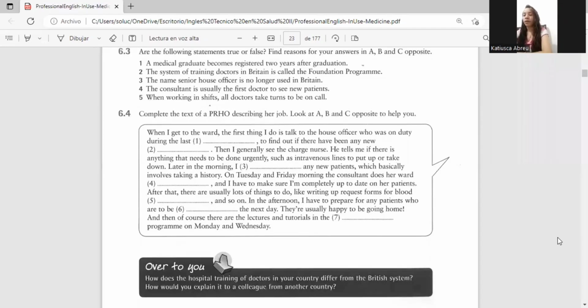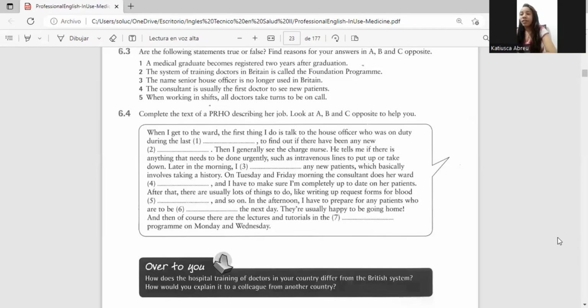Exercise 4. Complete the text of a PRHO describing her job. When I get to the ward, the first thing I do is talk to the house officer who was on duty during the last shift to find out if there have been any new admissions.